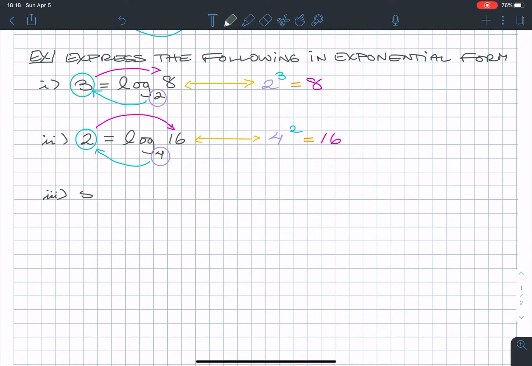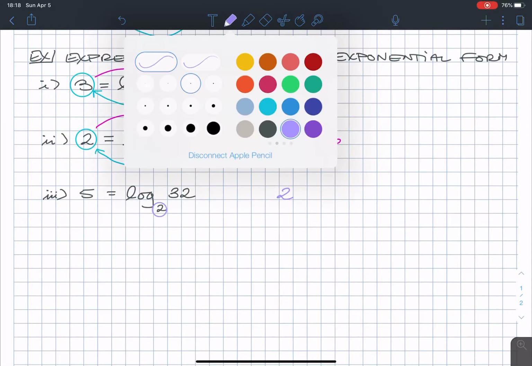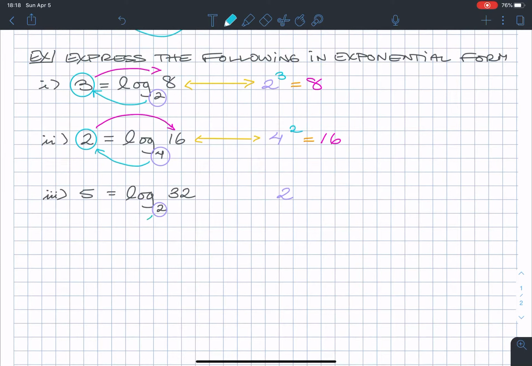So let's try another one. Let's say I have 5 is equal to log base 2 of 32. So I start down here at the base, 2. Then I raise it to the answer, 5, and hopefully I will get what's inside, the argument, 32.